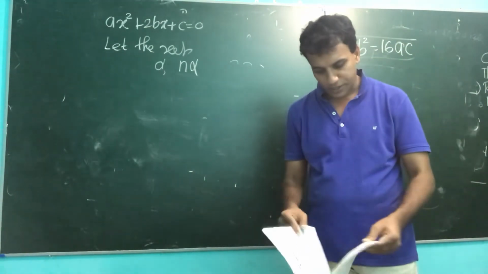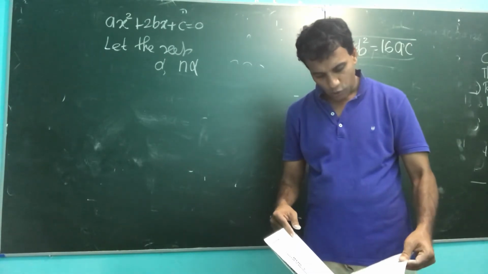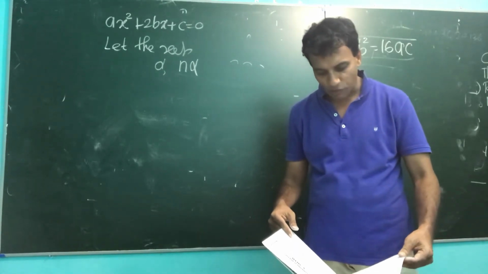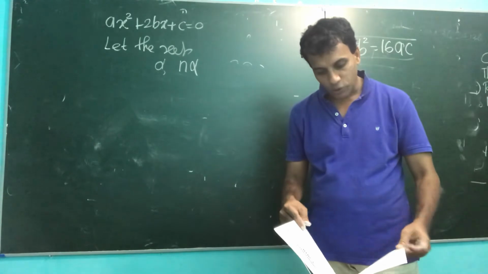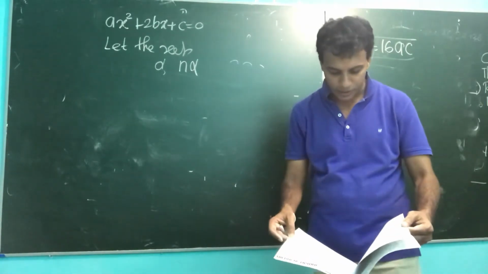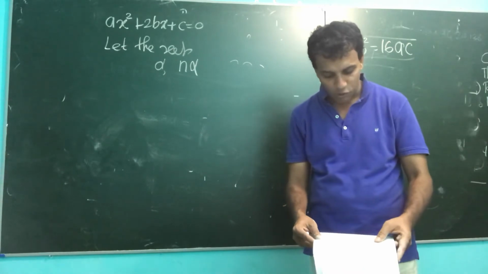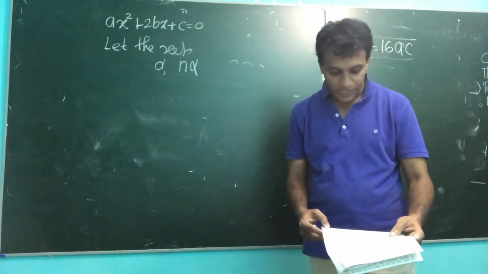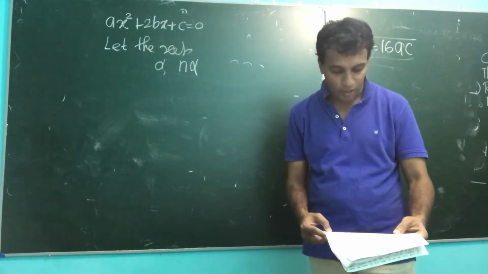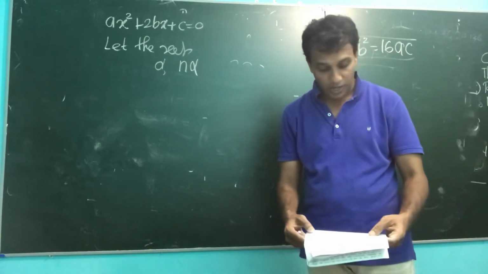So try that. One root is n times the other. Then find the answer or relation between coefficients a, b and c, right? Relation between that.